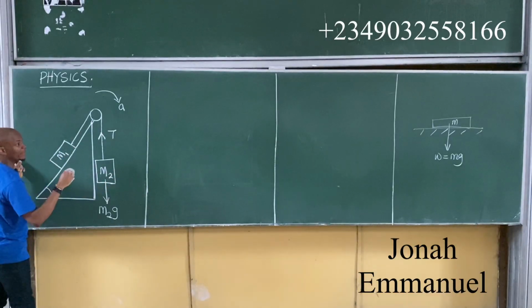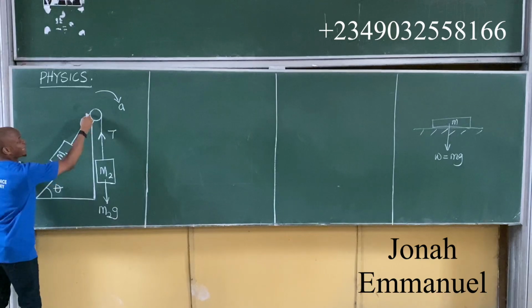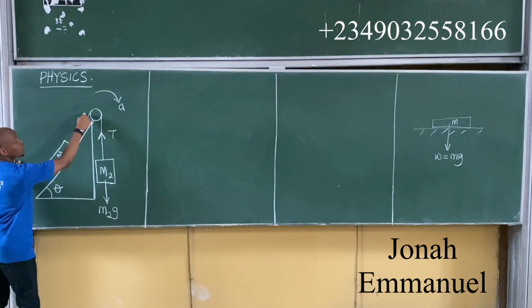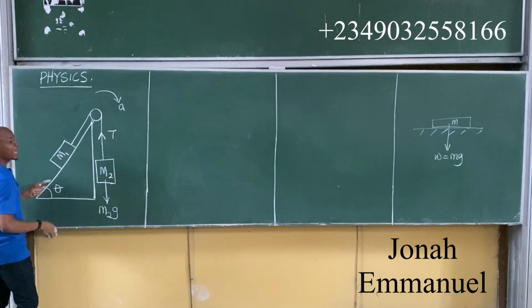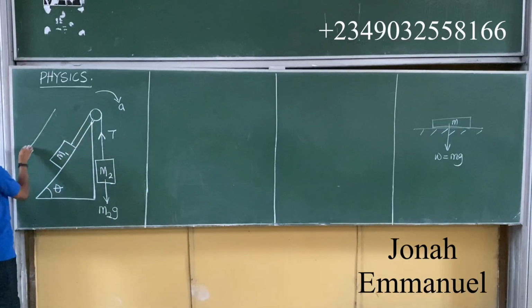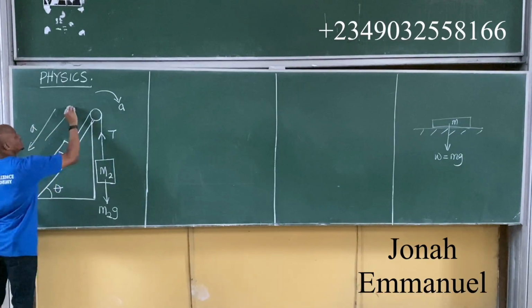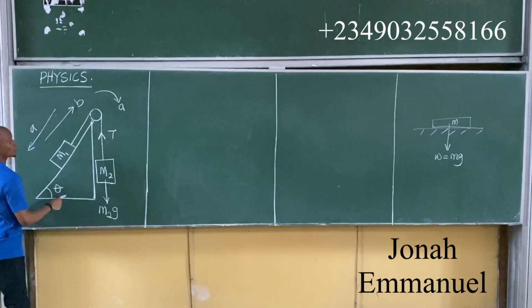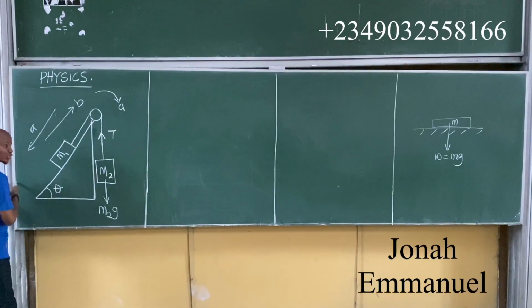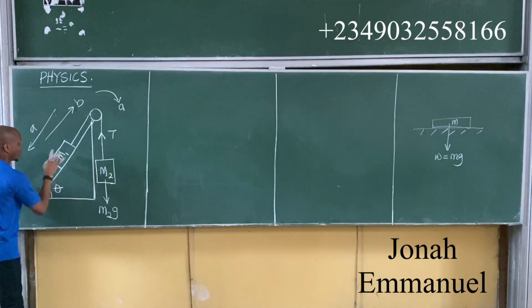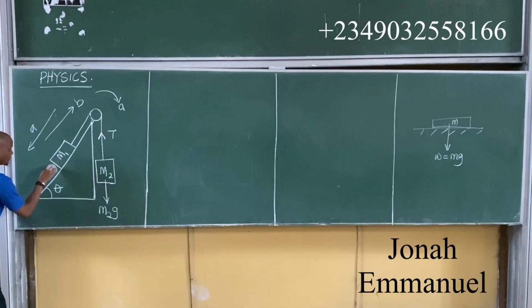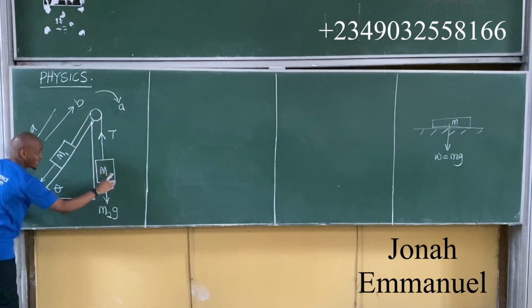Try to imagine, if I cut off this rope, this M1 here, how will it move? Will it move this way, that's A, or this way, B? If I cut off this string, where will it move? It will go this direction. Hence, for this body here, the main direction is this one, assuming it's not influenced by this.